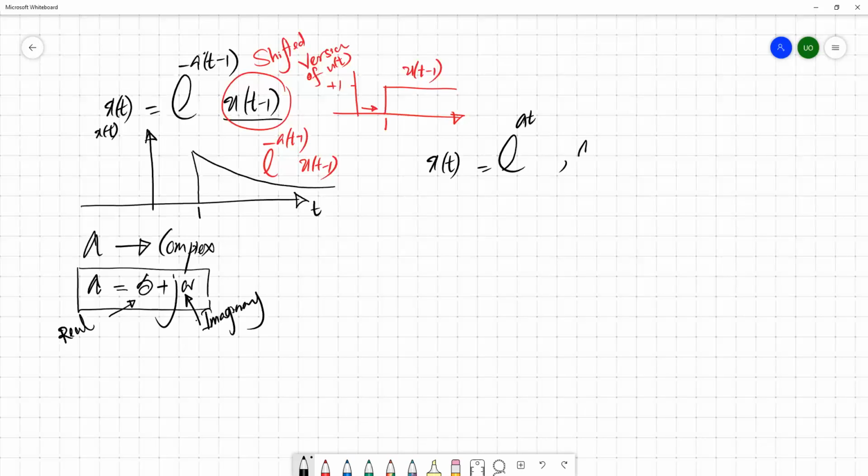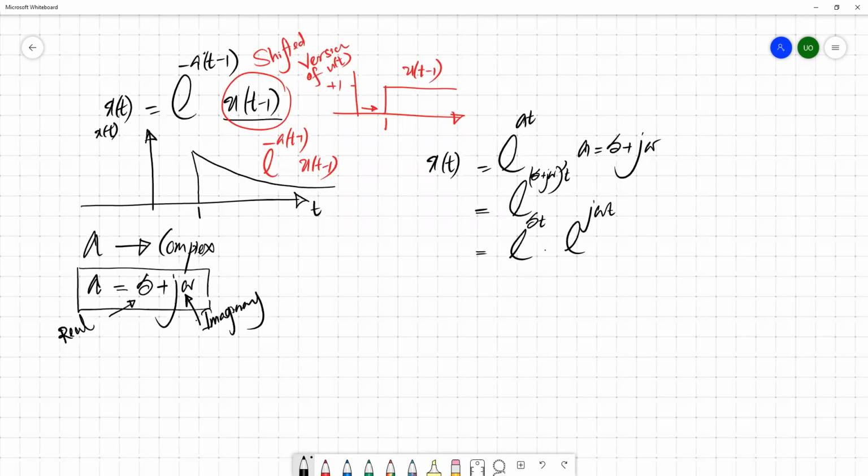Now a is sigma plus j omega, so we can substitute a with sigma plus j omega, multiplied by t, and separate this exponential. The sum in the exponent becomes a product of two exponentials: e to the power sigma t times e to the power j omega t.